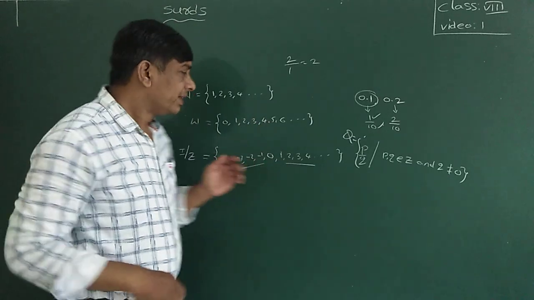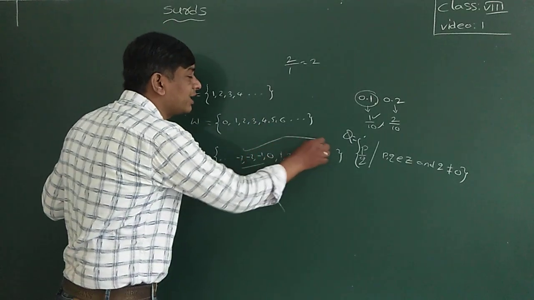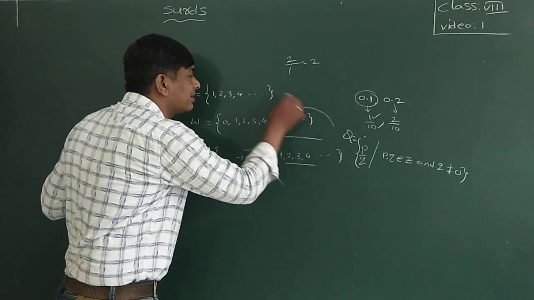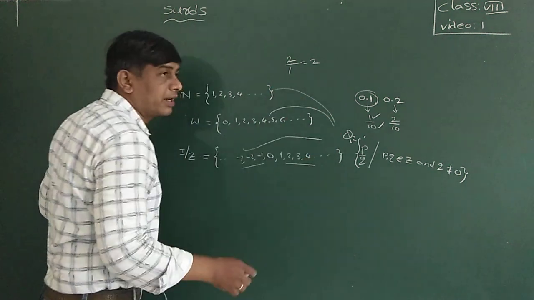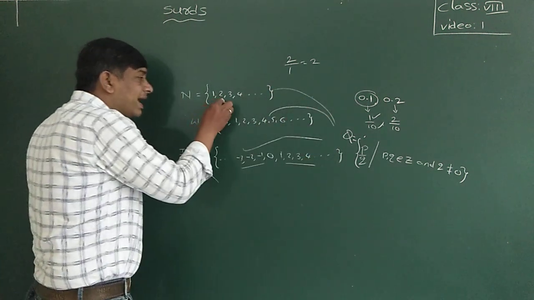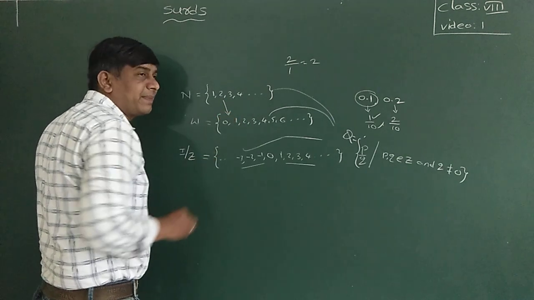That means every integer is a rational number, every whole number is a rational number, every natural number is a rational number. Then the natural number set is the smallest set, then the whole number set is bigger, then the integer set is bigger, and then the rational number set is the biggest.